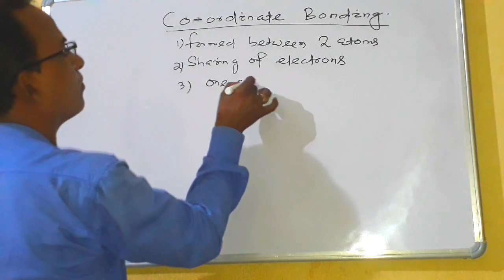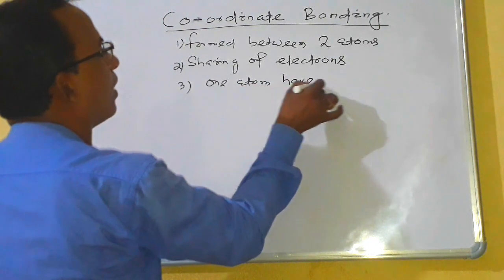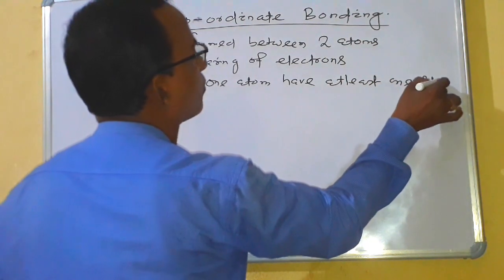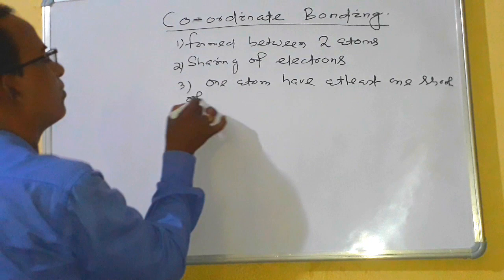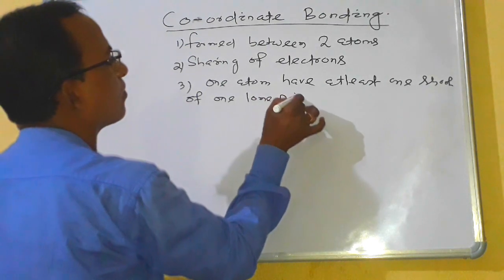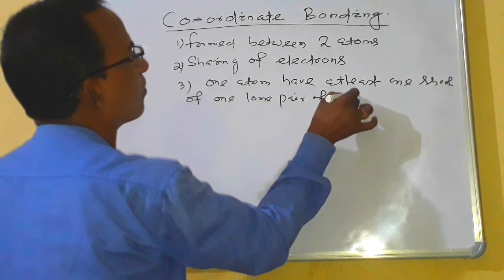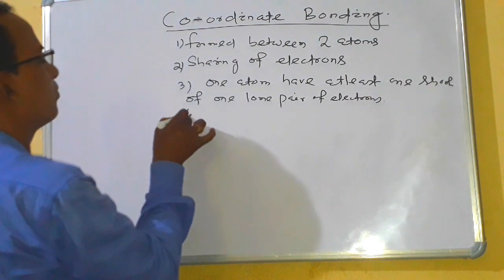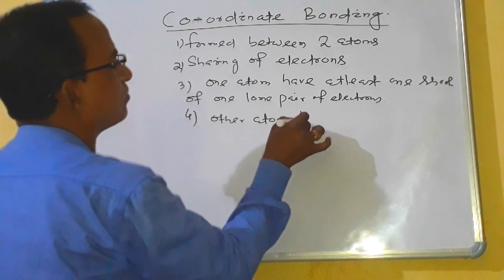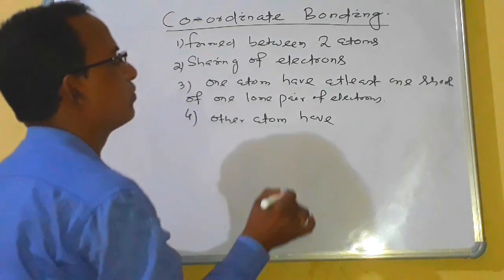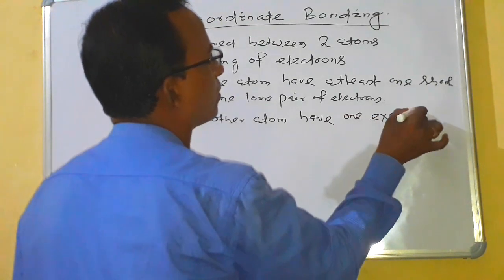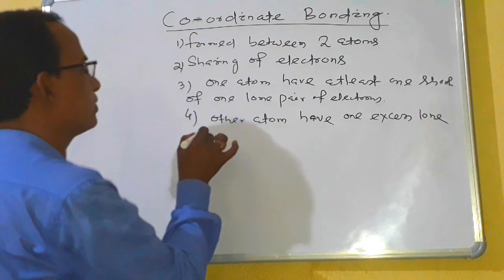One atom has at least one lone pair of electrons, and the other atom has one excess, that is, an empty orbital to accept the lone pair of electrons.